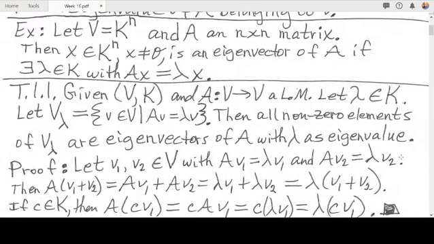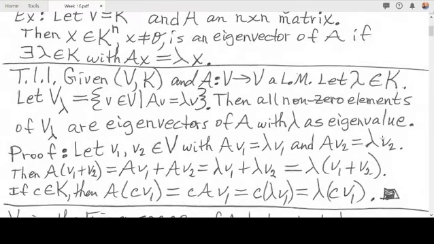And so we have Theorem 1.1 with our vector space and our linear operator and our scalar lambda. We define V sub lambda, which is going to be called our eigenspace. It's the set of all vectors in V such that Av equals lambda v. This is a subspace of V, but the non-zero vectors in V lambda correspond to all of the eigenvectors of A having lambda as eigenvalue.